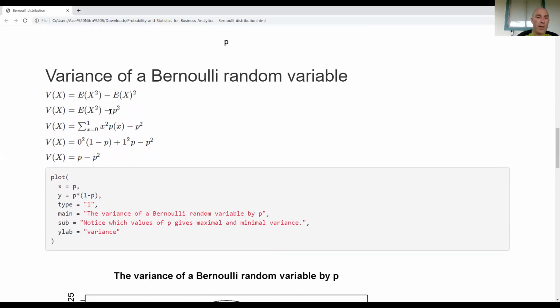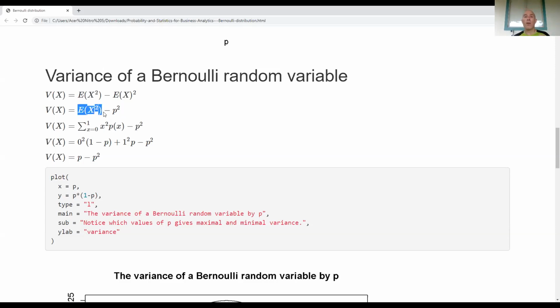Now I need to think about the expected value of x squared. All I'm going to do is take each value of x, square it, multiply it by the probability of x, and add them up.